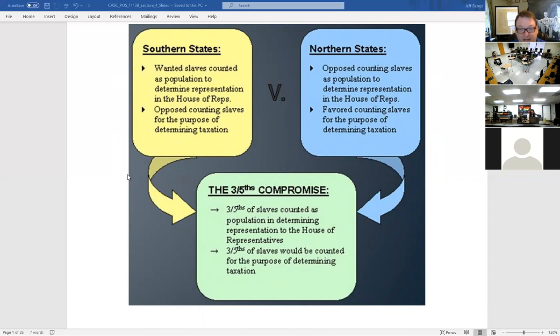But on the other hand, the southern states did not want their slaves to be counted as persons because it would have meant more taxation. Really kind of a bizarre contradiction there.